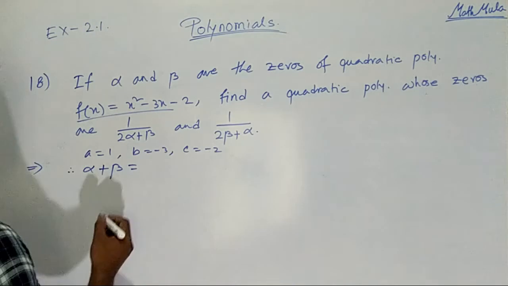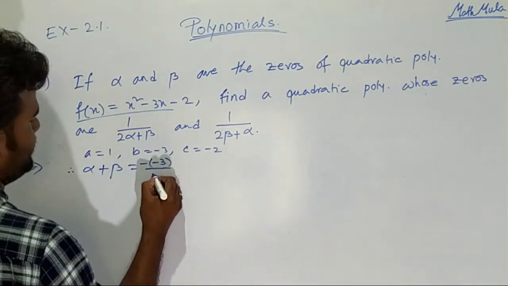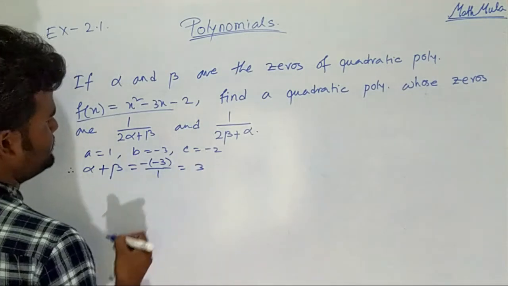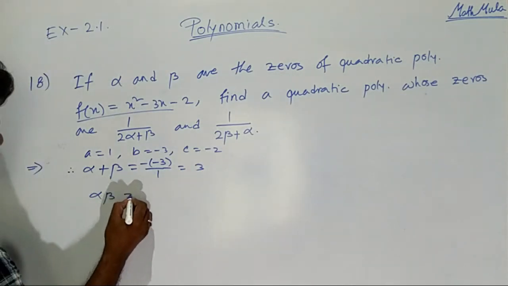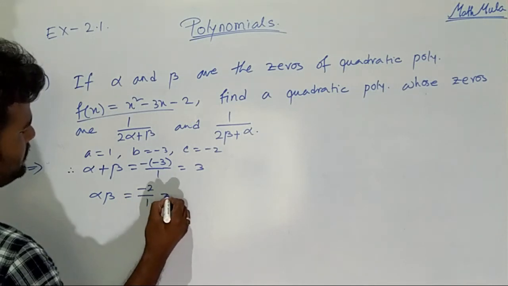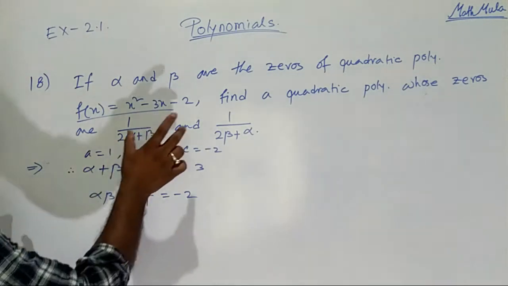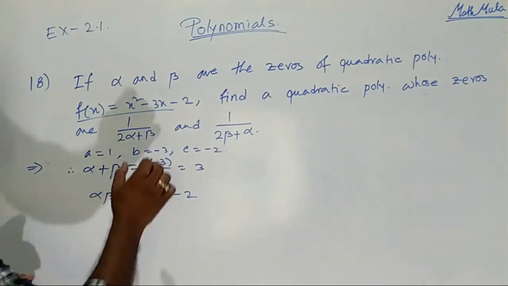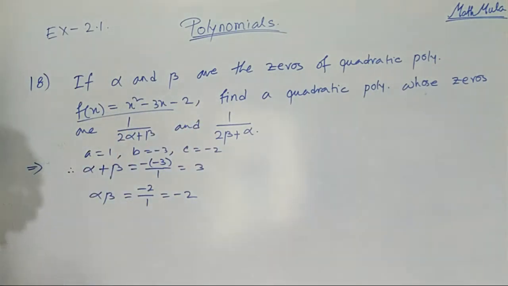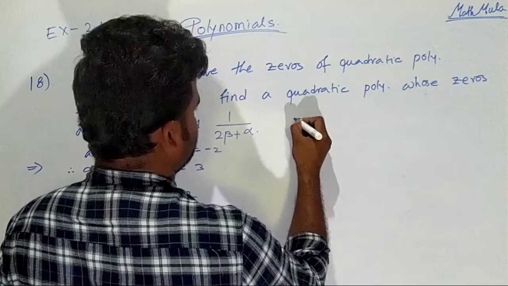Now alpha plus beta is equal to minus of minus 3 by a, that is 1, so this is equal to 3, and alpha beta is equal to c by a, that is minus 2 by 1, that is minus 2. Now we have to find the sum of these two zeros and the product of these two zeros. Then we can find the quadratic polynomial whose zeros are these.